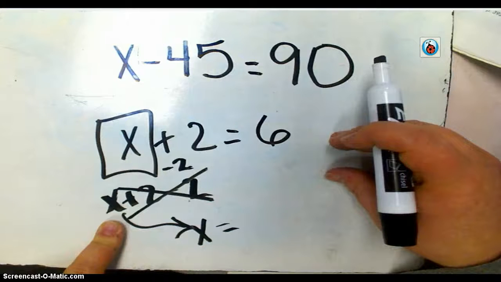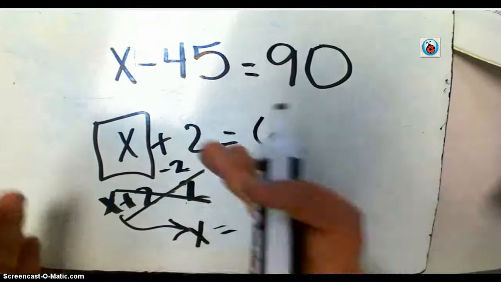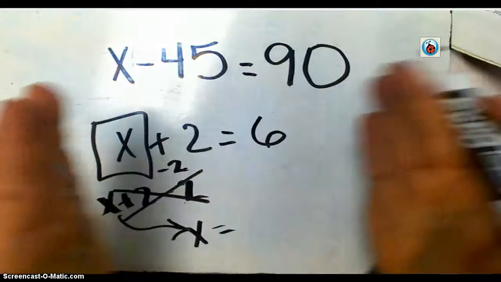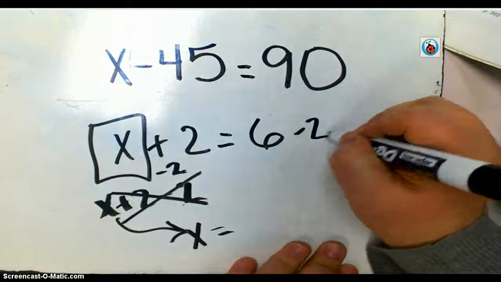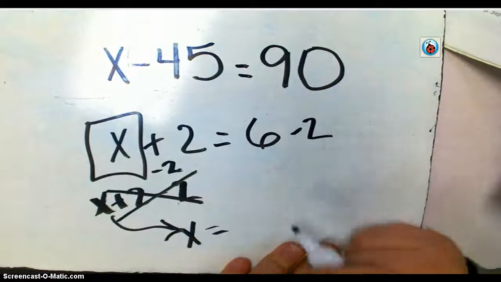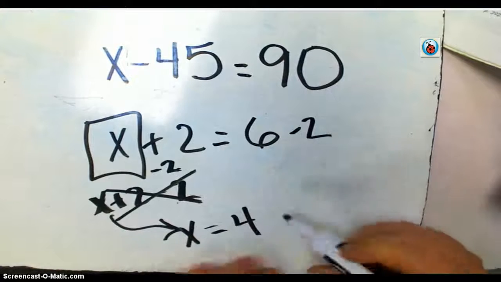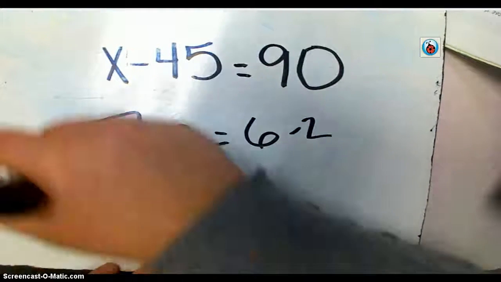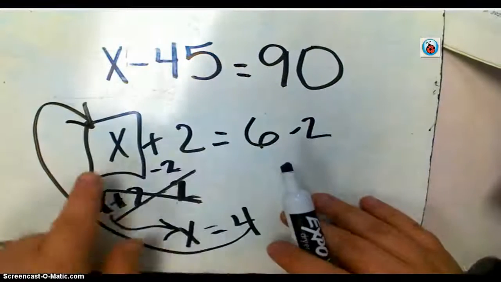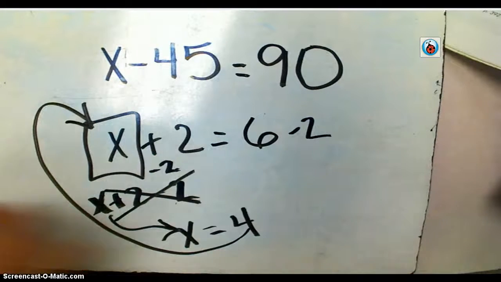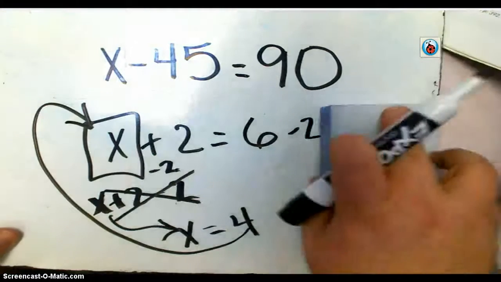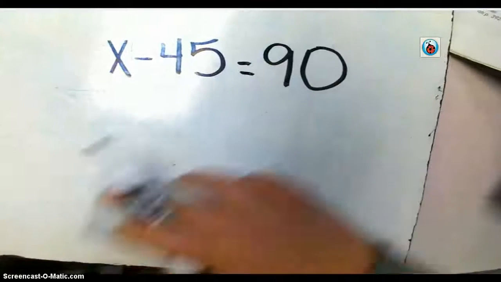Subtract 2. If I subtract 2 here, I have to subtract 2 here. 6 minus 2 is 4. Then I'm going to plug 4 in for my variable to make sure that this is true. Is 4 plus 2 6? Yes. Okay?